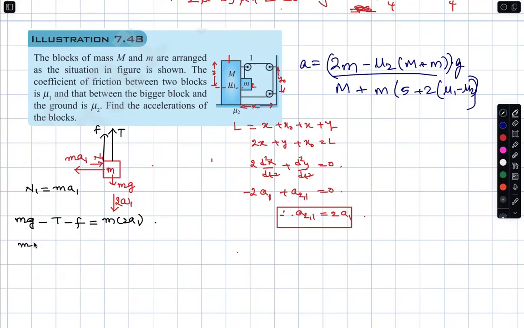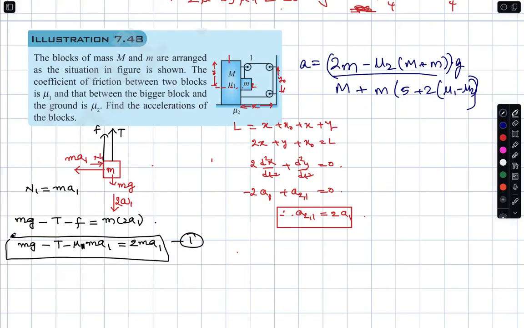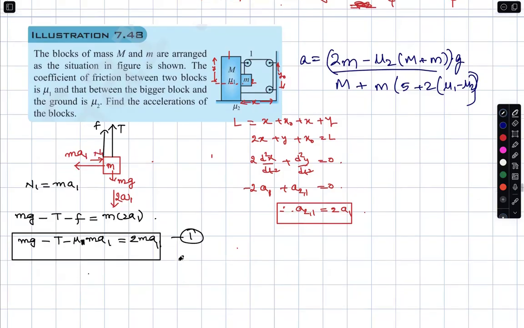So therefore mg minus T minus mu1 ma1 is 2ma1. Let this be equation 1. Right. Any doubt? Boys, any doubt?